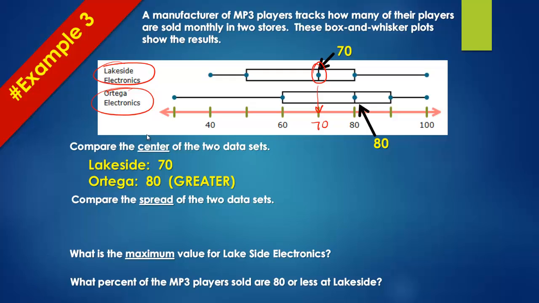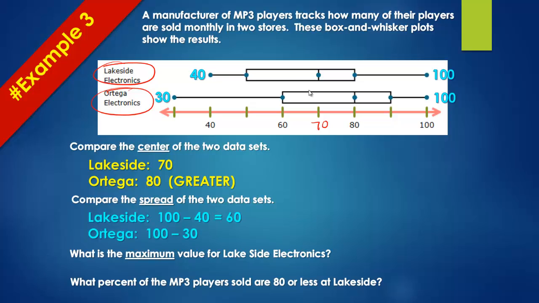And then the spread, remember what I said, it's the maximum minus the minimum. So if we look at Lakeside Electronics first, we have 100 as a maximum and 40 as a minimum. So 100 minus 40 is 60. If we go to Ortega Electronics, we have 100 as a maximum as well, but 30 is a minimum. So that would be 100 minus 30, which is 70. So Ortega Electronics has a greater spread with 70.